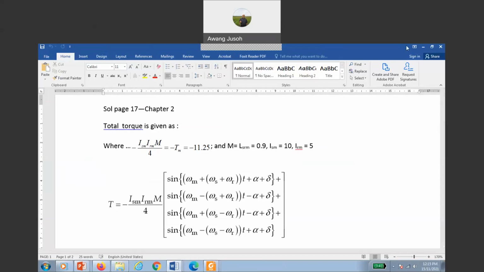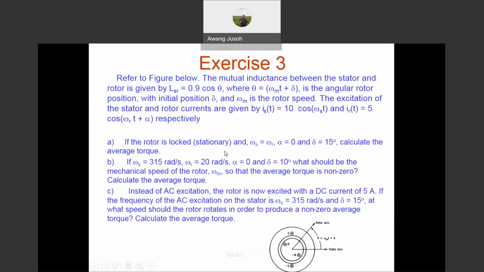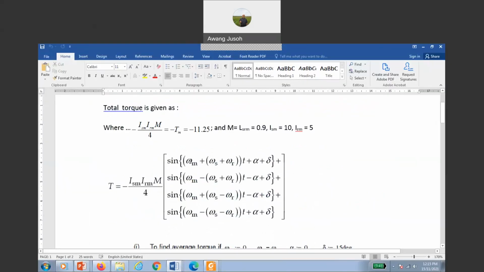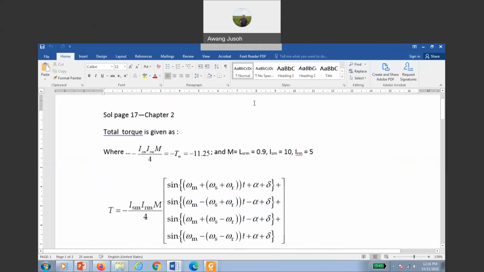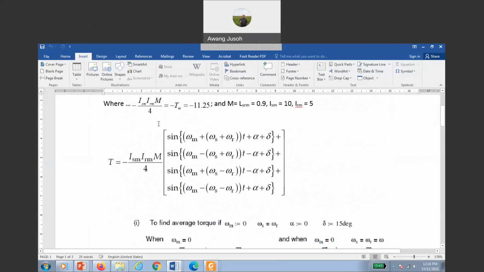So the first question states that when we lock the rotor, not moving, the frequency of the stator equals the frequency of the rotor. That means omega m equals 0. So you substitute omega m equal to 0 here, then we got omega s minus omega r.